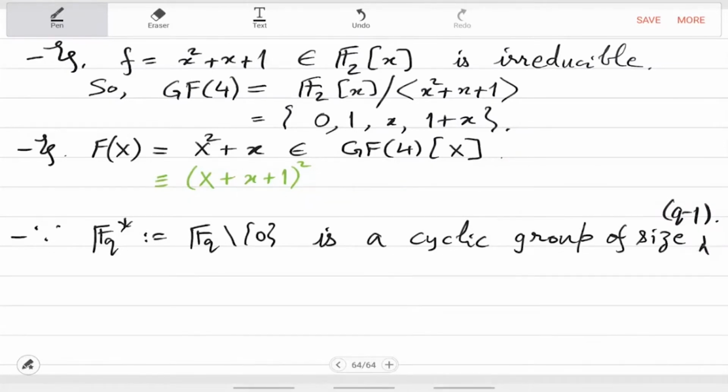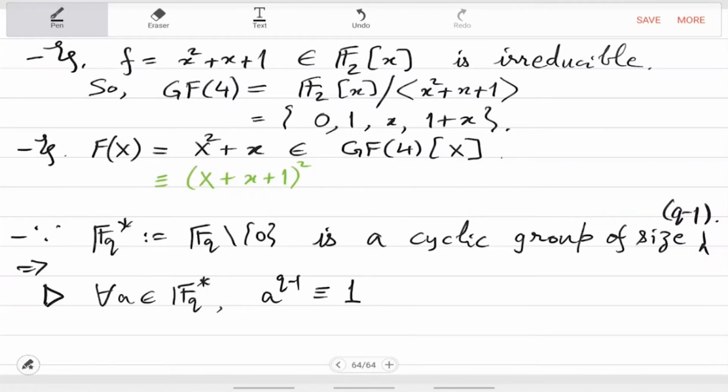And this means, in particular, actually you just needed an abelian group of size q minus 1 also. So what I want to deduce is that any element a you take from this, a raised to q minus 1 is 1, right?